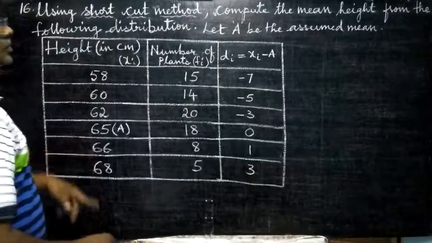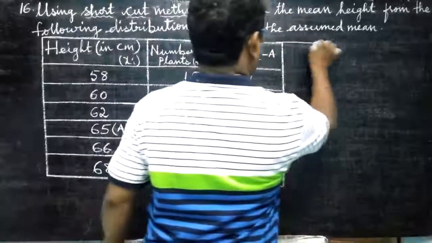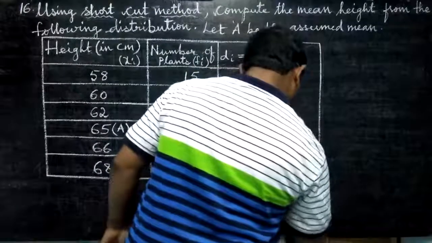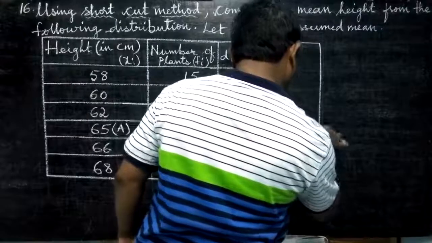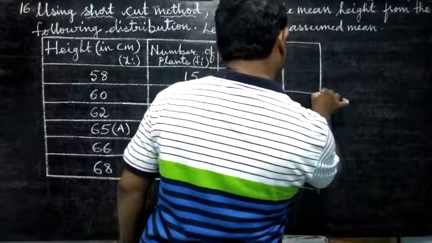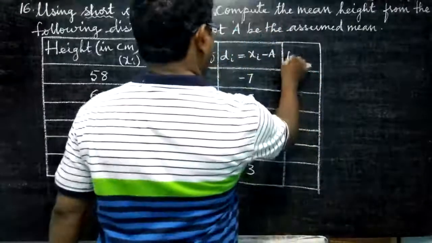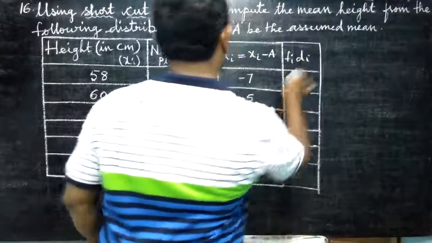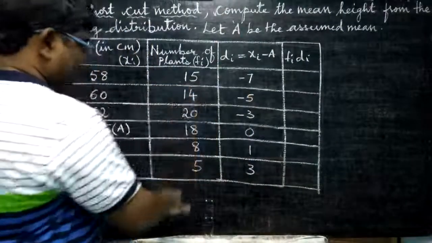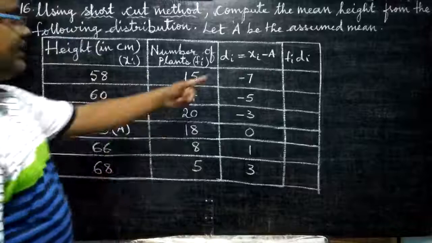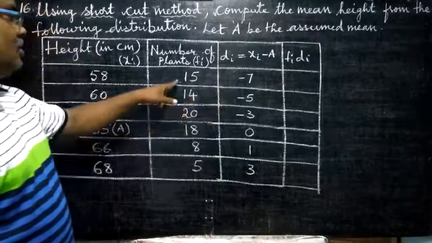Now, one more column we are going to add. What is this? Means easy method of multiplication. Instead of taking big, large numbers, easy numbers. Now, fi into di. You are going to multiply with this one. Before we multiplied, it is mean method. But we are deviating. D. So, easy method.